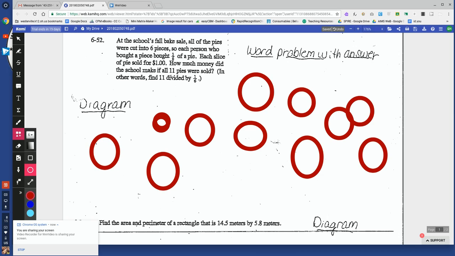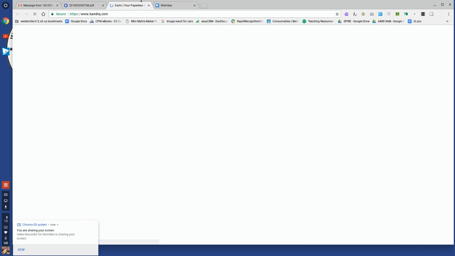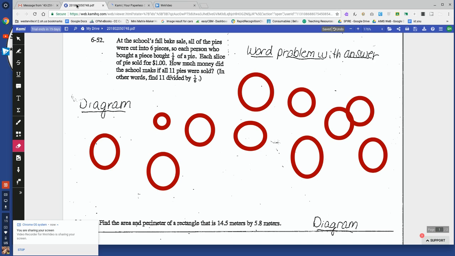So there's my 11 pies. I'll probably get rid of these ones right here. So I got my 11 pies.